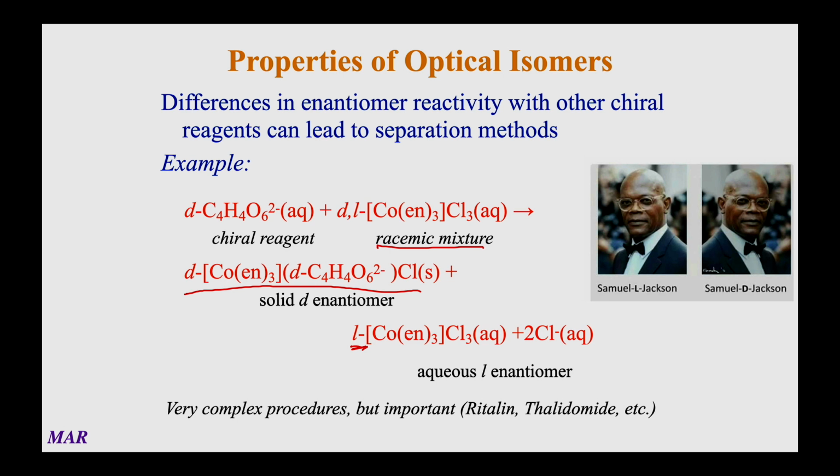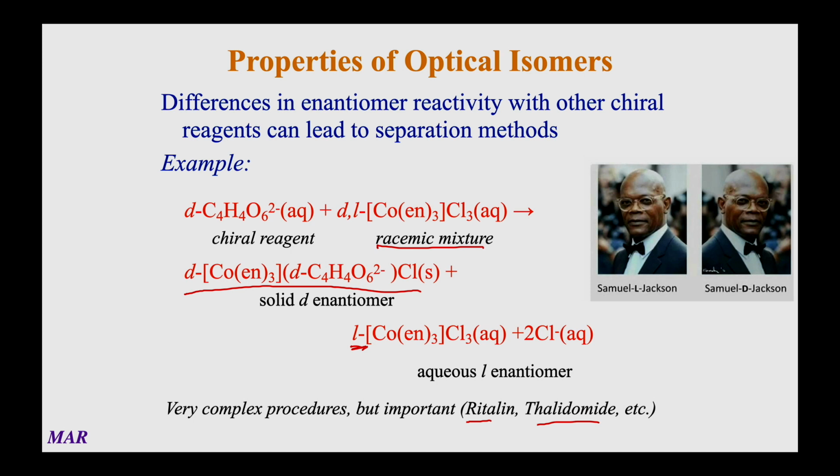I want to talk very quickly about Ritalin and thalidomide. Now, thalidomide was a drug that was approved in certain European countries around the time of the 1950s, and it was supposed to help women when they give birth. It was supposed to be really good. Unfortunately, thalidomide was a product that had both a D and an L form, all right?